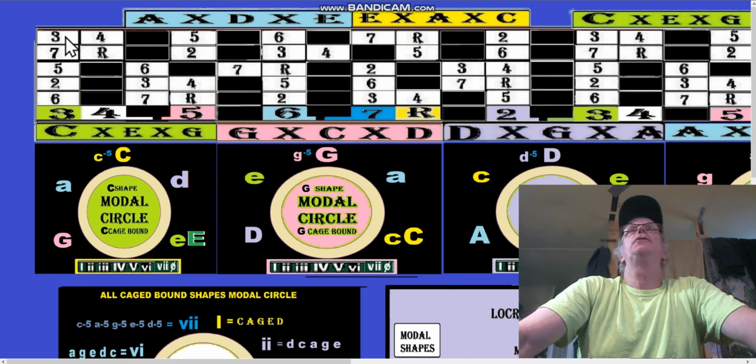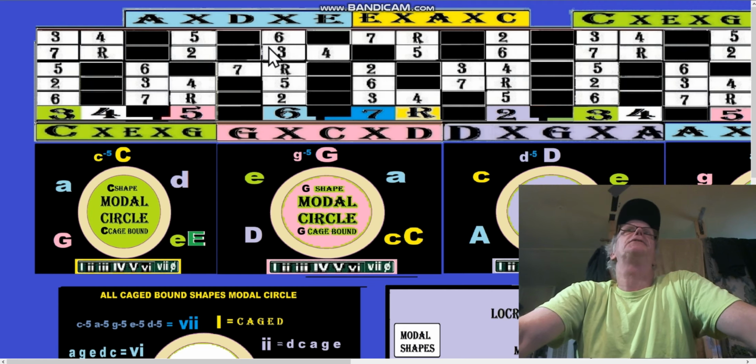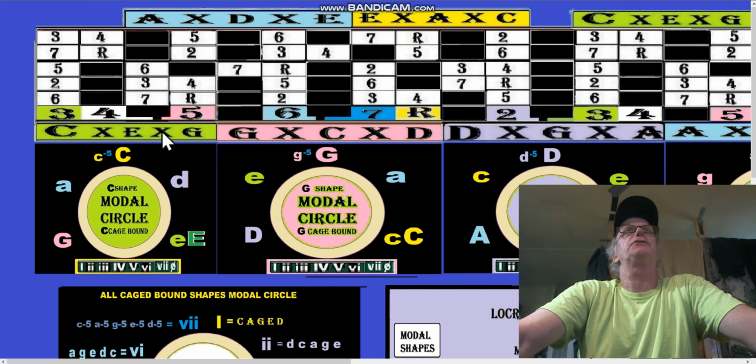Where the 7 goes to the 3 on the warp, just incidentally, is right here in the G box. So you can see the augmented nature there. Strictly speaking, though, that's not the exact interval we're looking for, because we're talking about shapes here, not notes. We're talking about string pattern shape assignments.